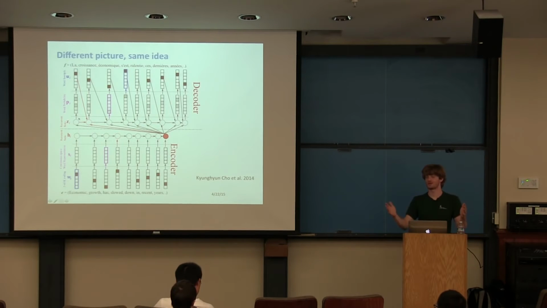If the languages are well aligned, the first couple of words like la croissance économique, economic growth, are more likely to be well aligned in English and French, and so it's easier if we had a bidirectional recurrent autoencoder that takes the context at the very end and at the very beginning.